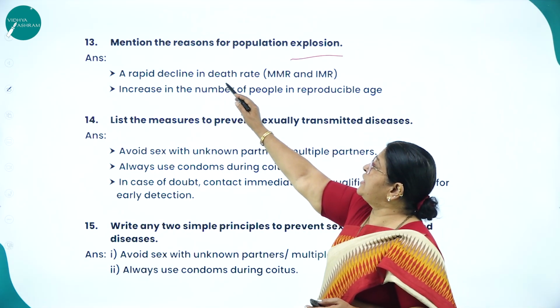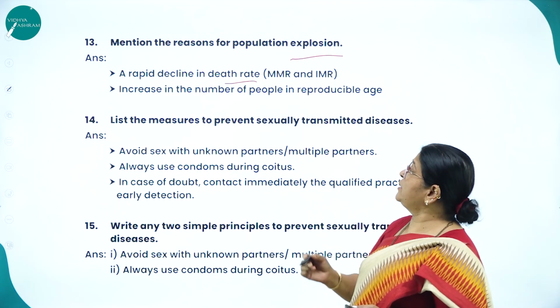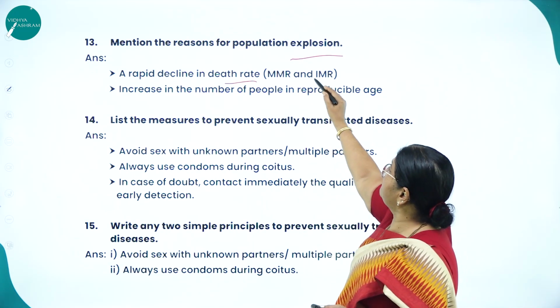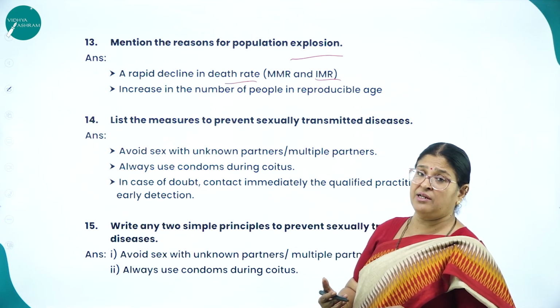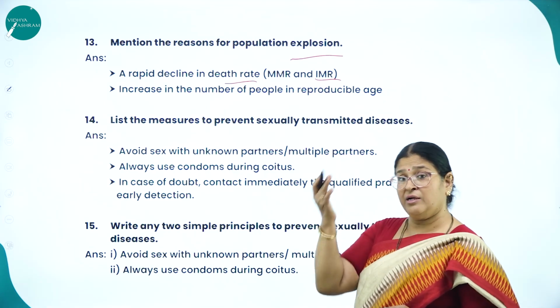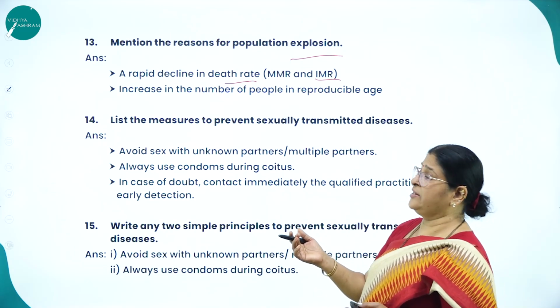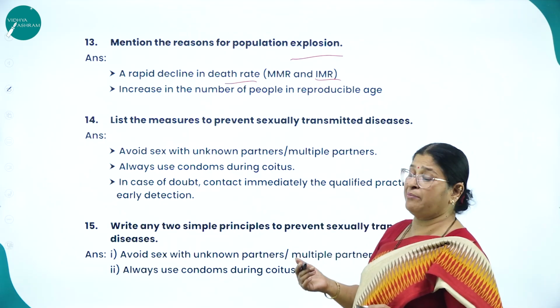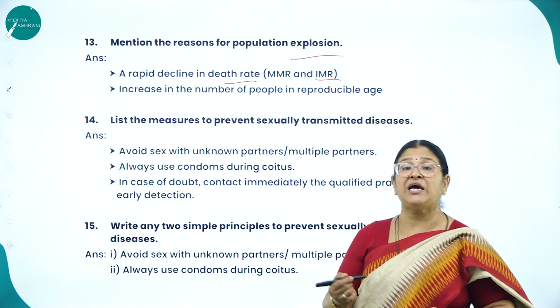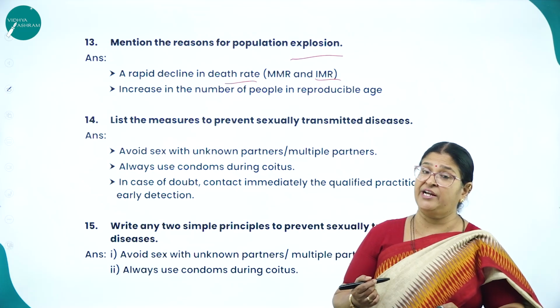A rapid decline in death rate, that is maternal mortality rate, MMR, and infant mortality rate, IMR. Thereby there is an increase in the population because of the lesser death rate. It is because of the good health facilities that are available in India right now.